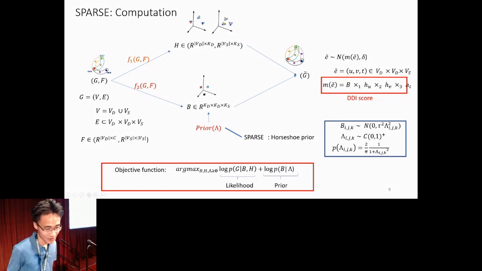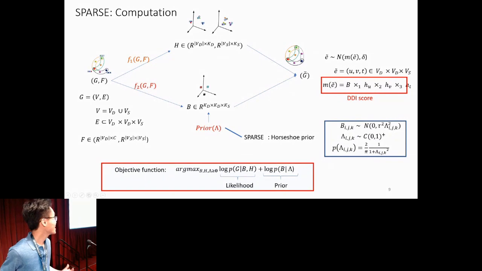The first part is the likelihood to reconstruct the graph given the latent space. And the second part is the prior. We simply use a gradient-based method to do this optimization. Of course, we bring in the non-negative constraint for the model, to better deal with the interpretation.